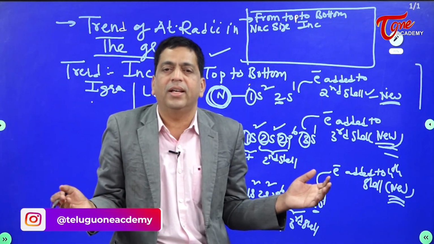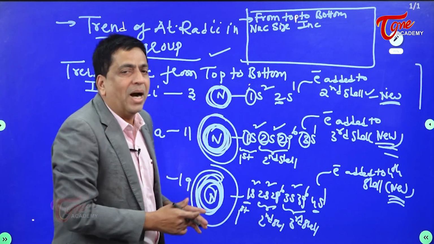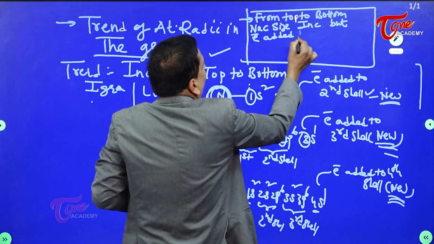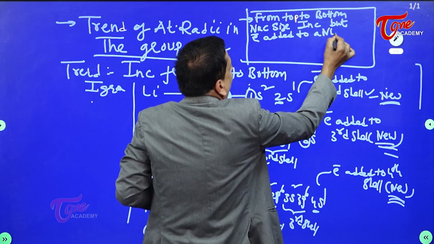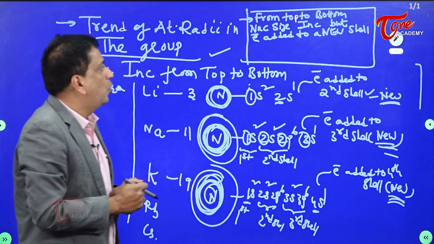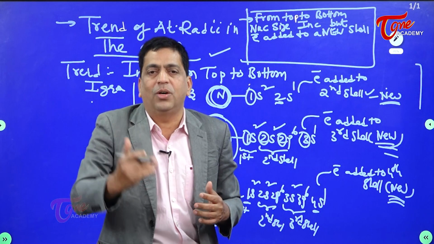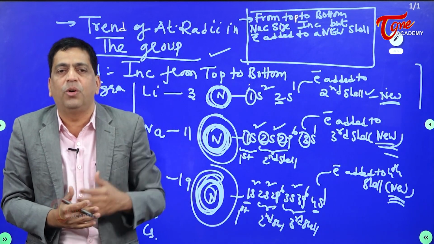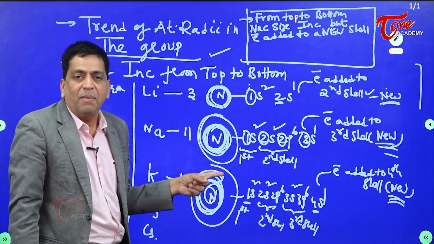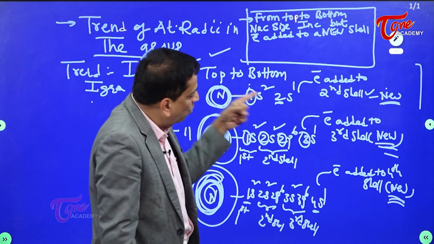There is no doubt in that. But the electron is added to a new shell. So whenever you go one element down the group, the nuclear size is increasing. You can actually see here it's increasing. But at the same time, this electron is added to a newer shell.